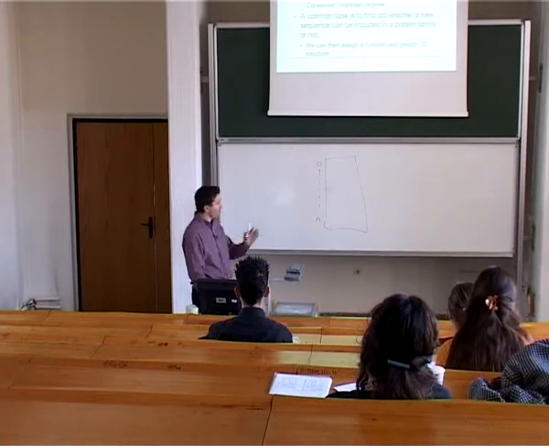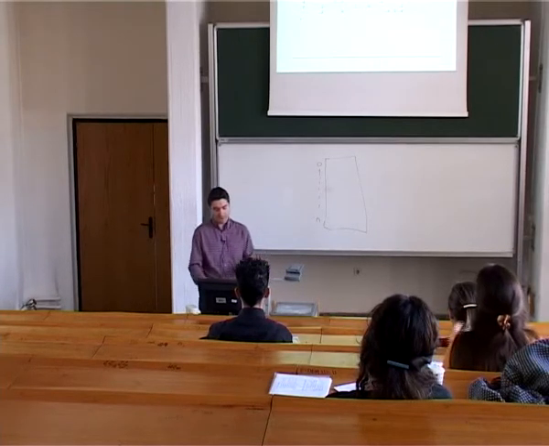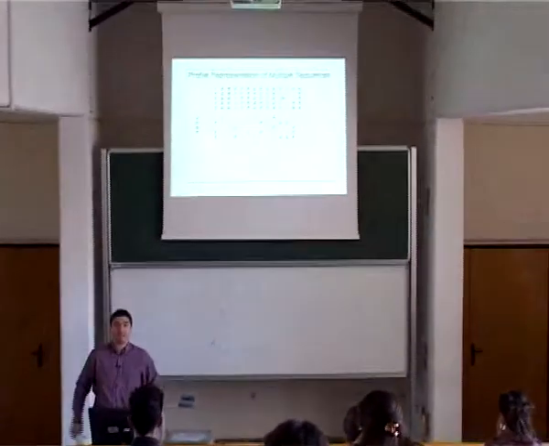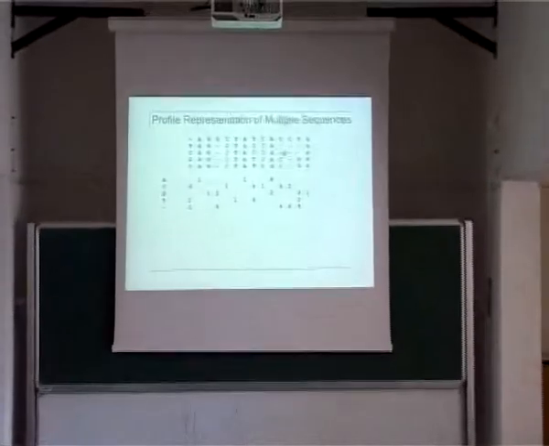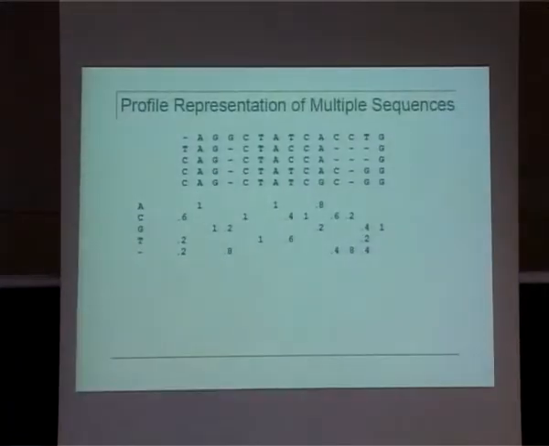Now, we are going to start with the most intuitive, simple representation. If we are given a set of sequences, and a multiple alignment of them, so somebody used some algorithm, or maybe by hand, put these multiple sequences one after another and aligned them. Why do we do alignment? To reveal their similar regions and dissimilar regions.